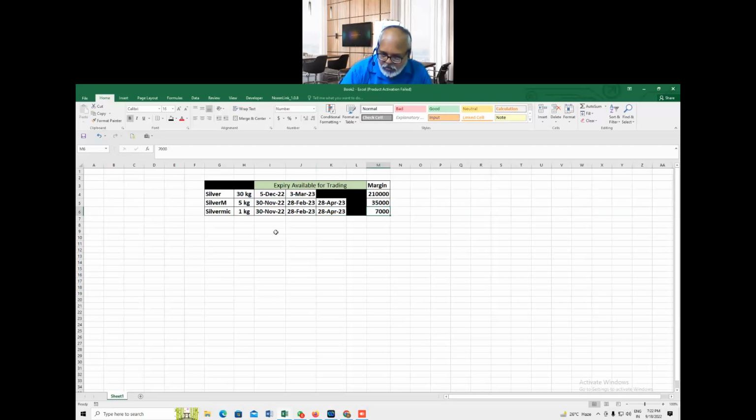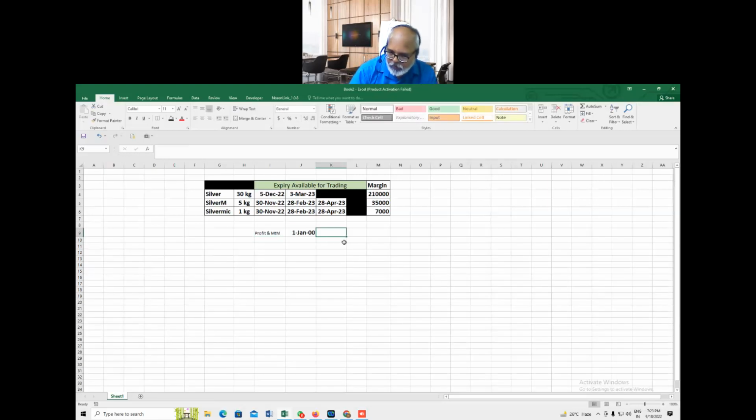Now, we have to understand the profitability and the M2M. For every 1 rupee move, you will have a profit or an M2M of 1 rupee.